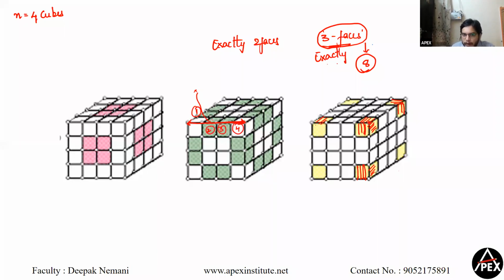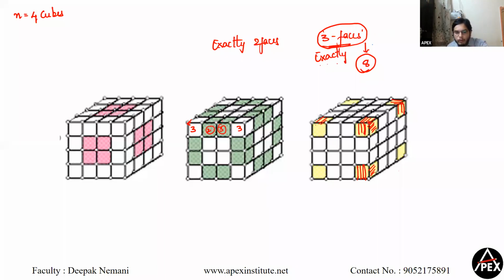I can say that 1 and 4 are at corners, so 1 and 4 will be having 3 faces painted. We need not consider these cubes because we have considered them in exactly 3 faces painted, isn't it?